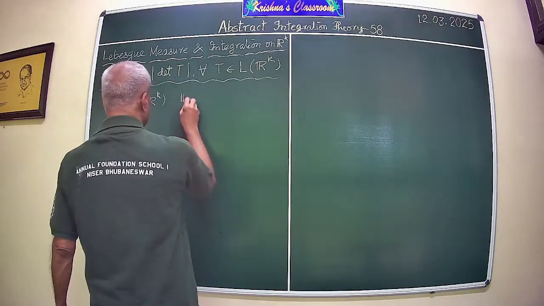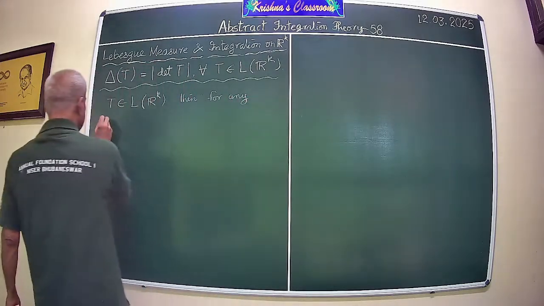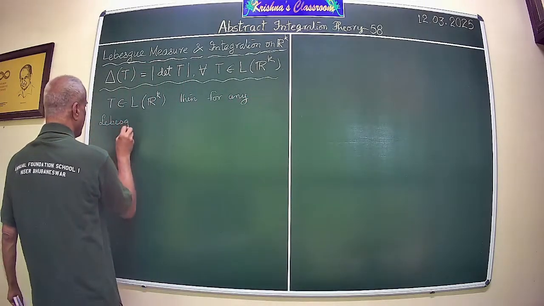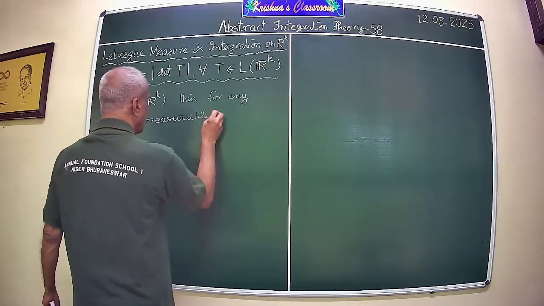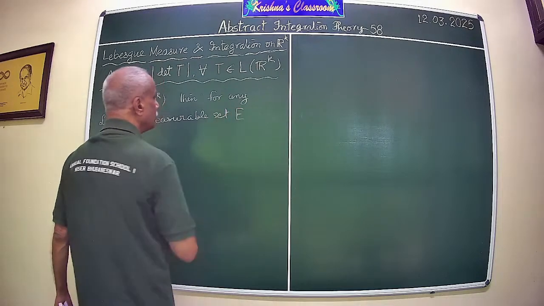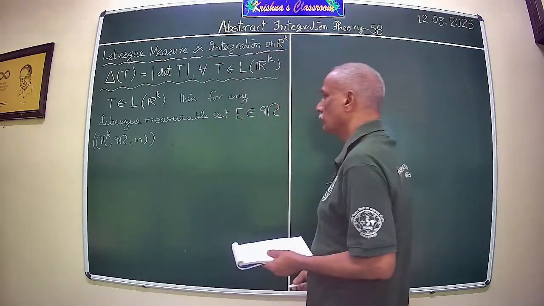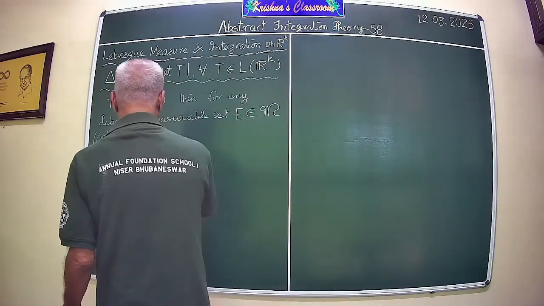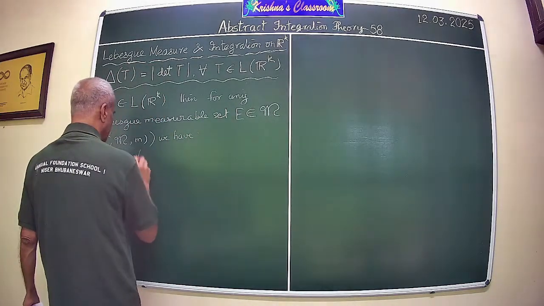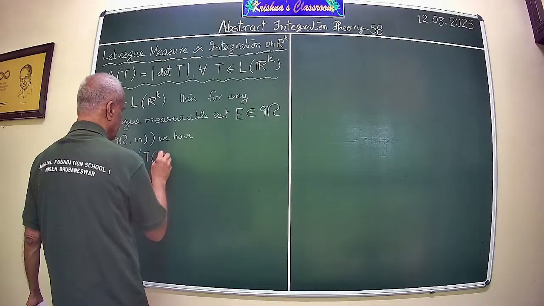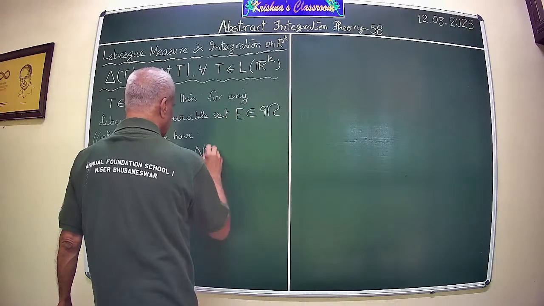Then for any Lebesgue measurable set E, we have the measure of T(E) equal to delta T times the measure of E.